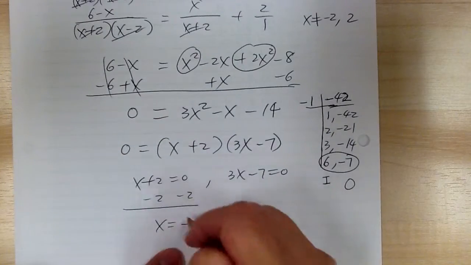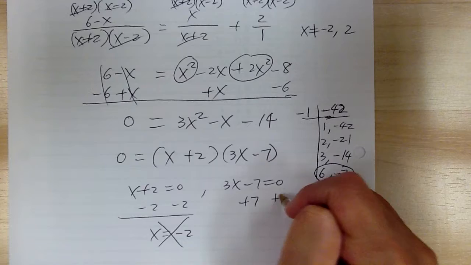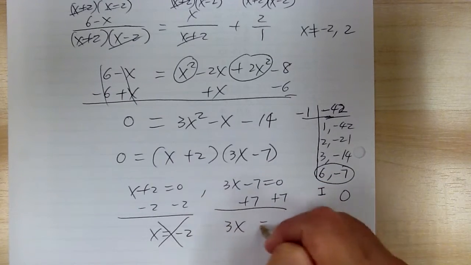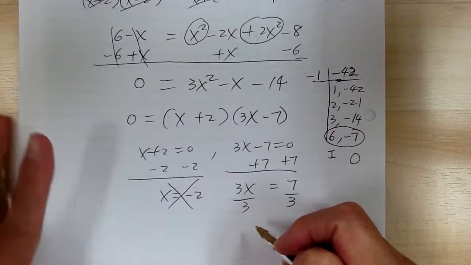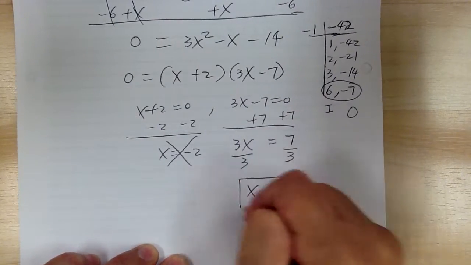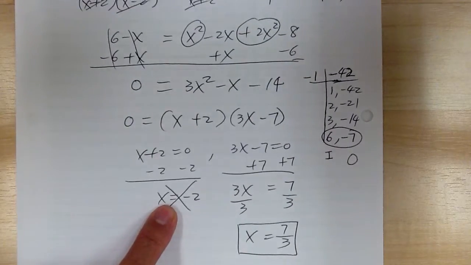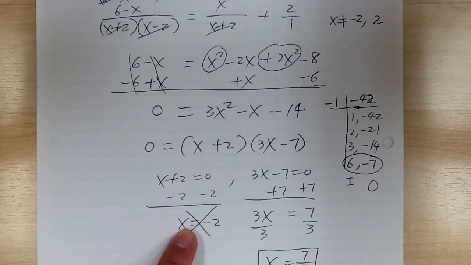So from here, you know that this is no good because this is not allowed. From here, you get plus 7 on both sides. You get 3x equal to 7, divided by 3, divided by 3. So you get x equal to 7 over 3, and that's your answer. So again, you have to check. Make sure that you cross out the answer that is not allowed.